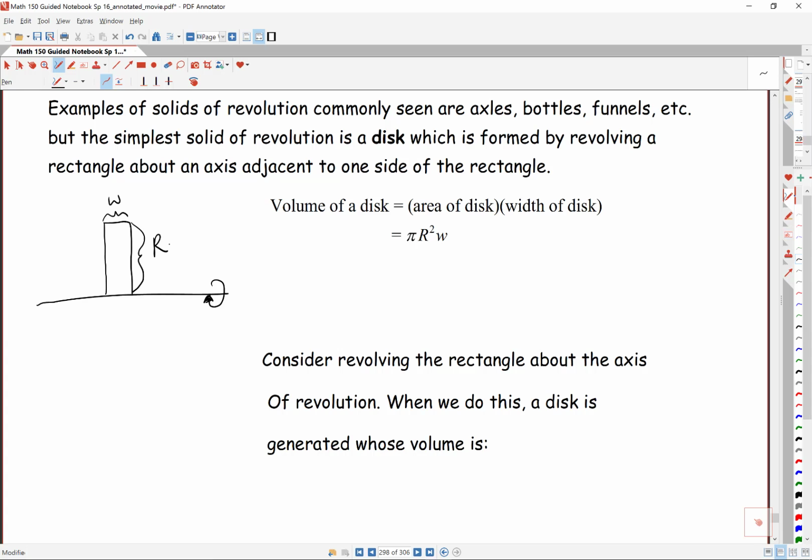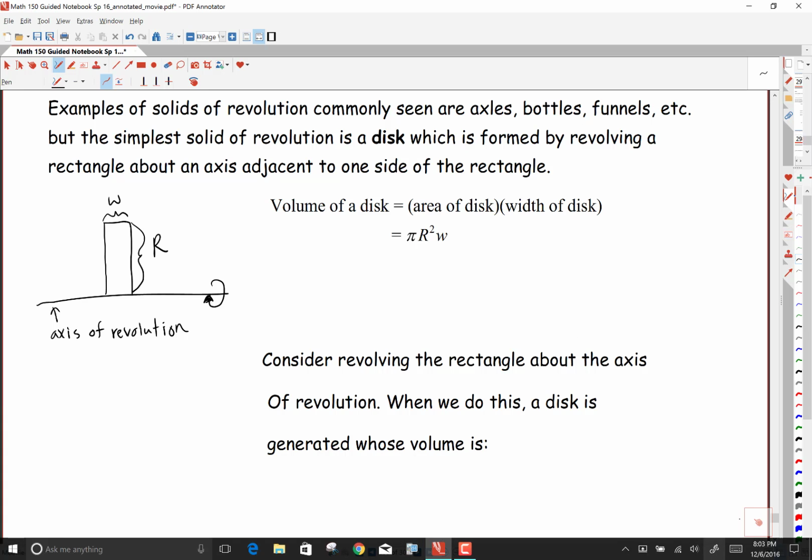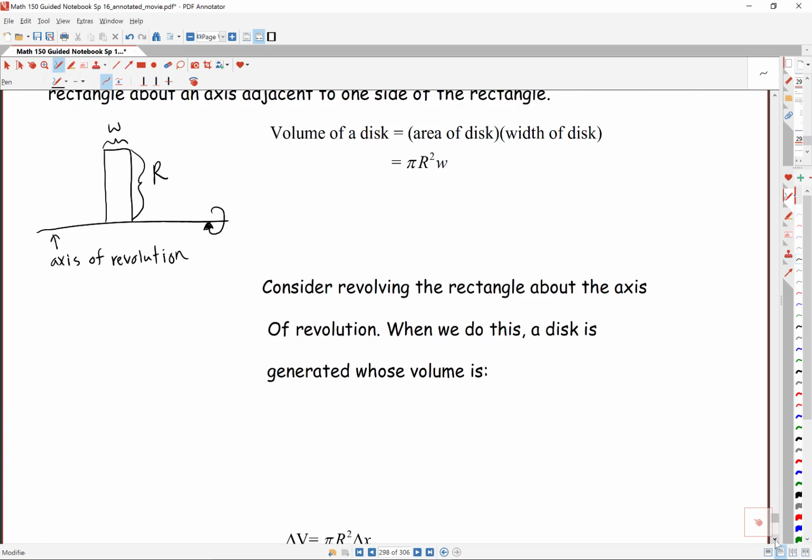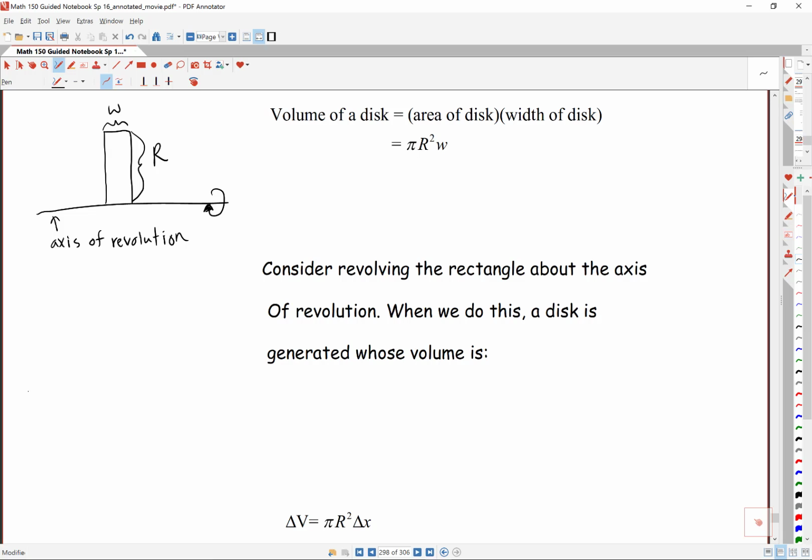So this part is our axis of revolution. Imagine what would happen if we were to revolve this across this axis. So here's our axis of revolution. Here's the representative rectangle. Actually, this is the whole region for this example.